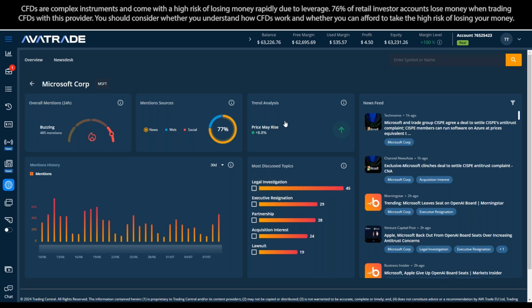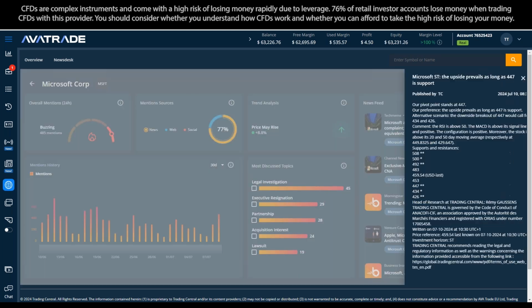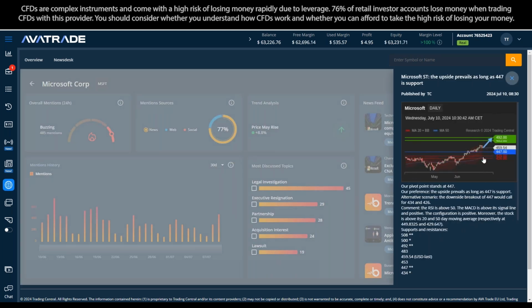The technical signal here says in the trend analysis that they think Microsoft will rise over 8%. You can click on that and get the breakdown with support and resistance levels, price level that they believe it will rise to, and also that pivot line we talked about from the other signal. If it drops below this blue line, then they say don't buy. You'd be looking for further downside towards the red lines.